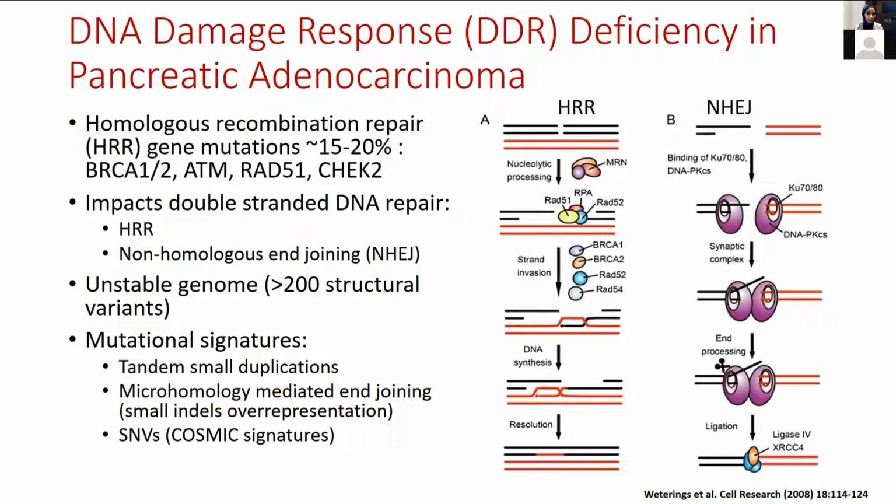Those are related to non-homologous end joining performing the repair of those double-stranded breaks, leading to small indels across the genome. This is in addition to certain COSMIC signatures. These are specific single nucleotide variations across the genome that occur as a result of HRR deficiency. So we can also use those signatures as biomarkers to predict that there is damage in this pathway.